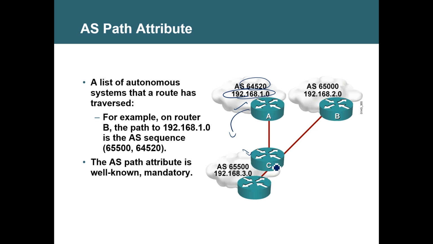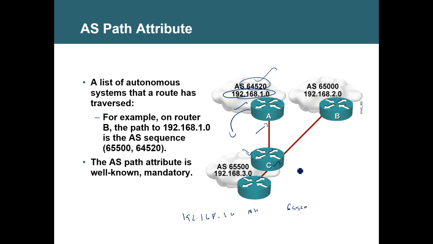In our case, C learns 192.168.1.0 with the next hop, an address on this port, maybe it's not mentioned there, and with the AS number 64520. So let me write next hop. And you will also have the AS path like this, 64520.